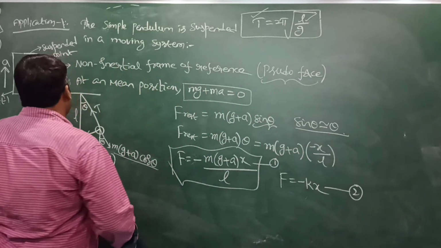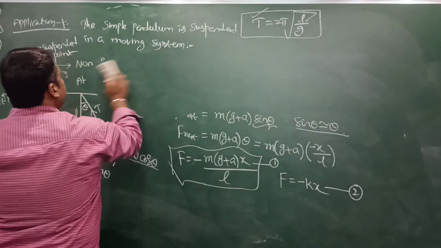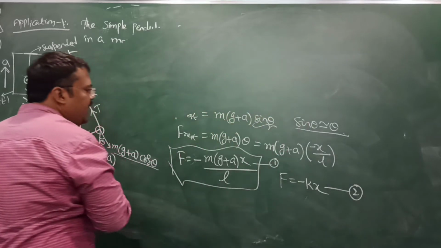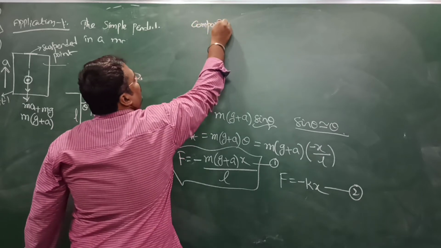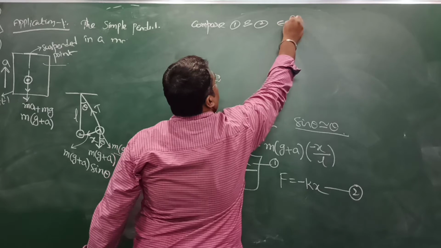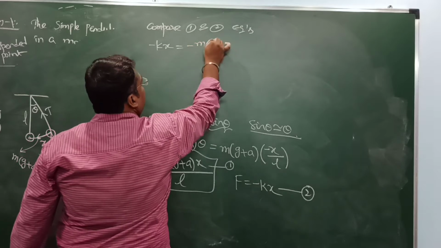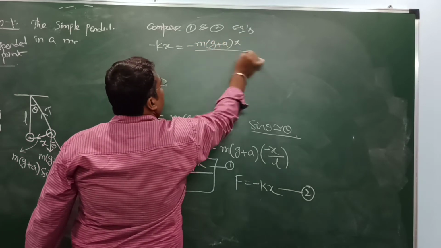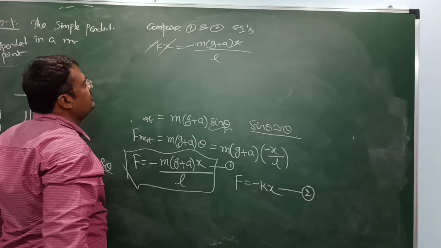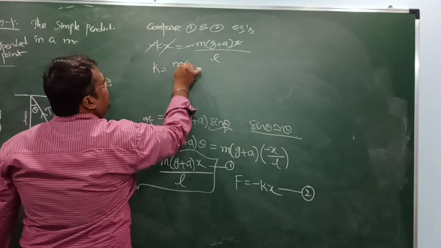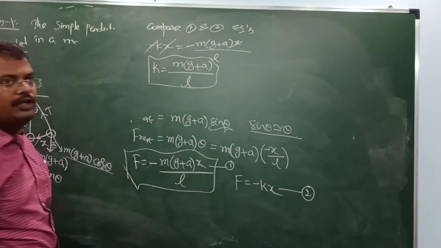Now compare the two equations, 1 and 2: minus kx is equal to minus m into (g plus a) into x divided by L. The negative sign will get cancelled, x will get cancelled, then k is equal to m into (g plus a) divided by L. This is the force constant that we got.